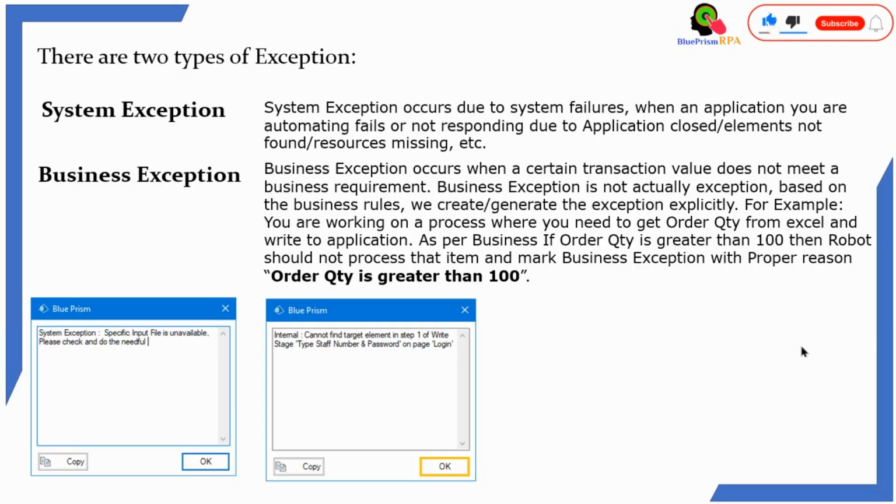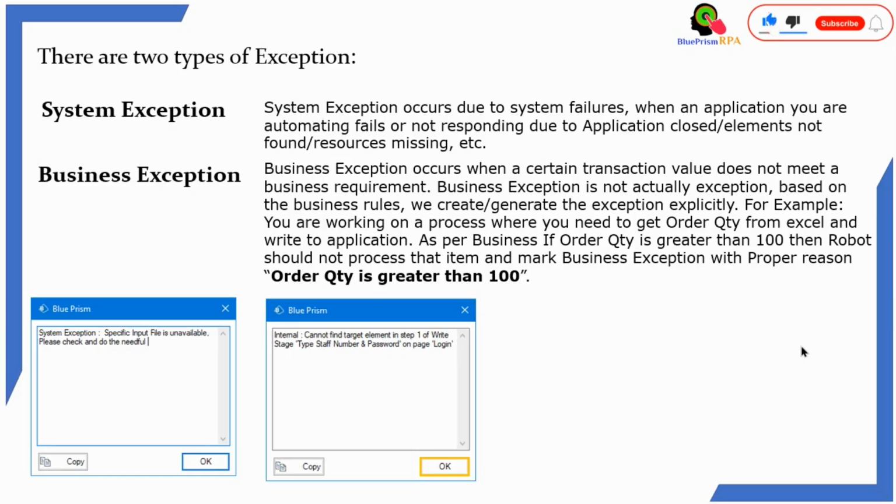For example, if you are working in a process where you need to get the order quantity from Excel and write it to the application, in the specific order quantity field, and as per business, if the order quantity is greater than 100, then the robot should not process that item.